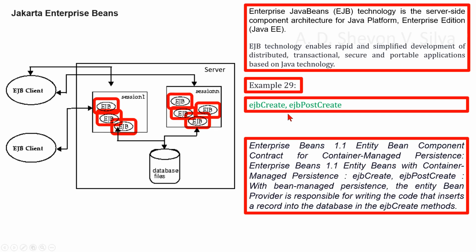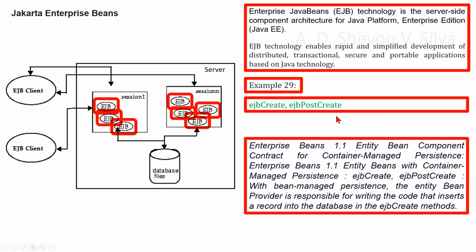The container is responsible for creating the entity object's representation in the underlying database, extracting the primary key fields of the newly created entity bean representation in the database, and creating the EJB object reference for the newly created entity object. The container must establish the primary key before it invokes the EJB post create method.